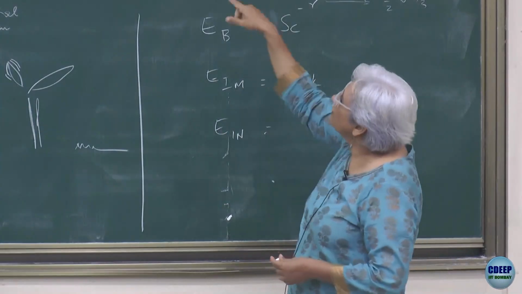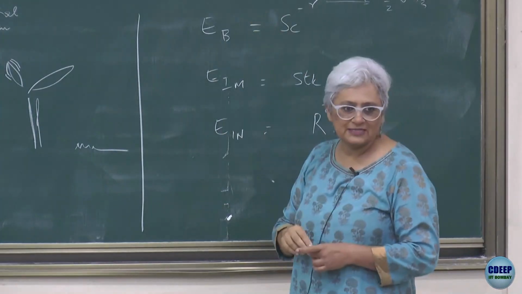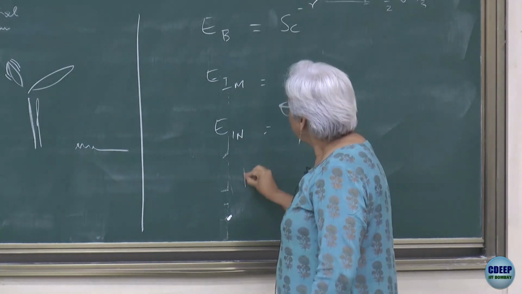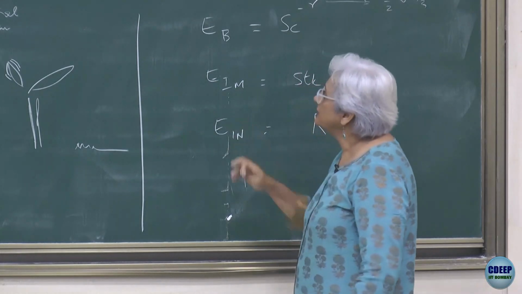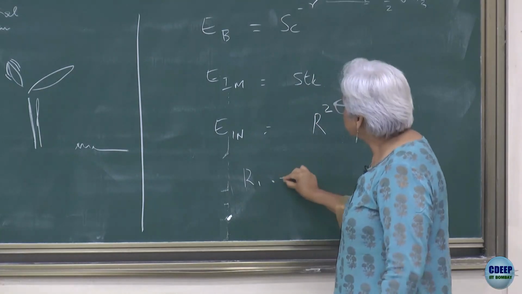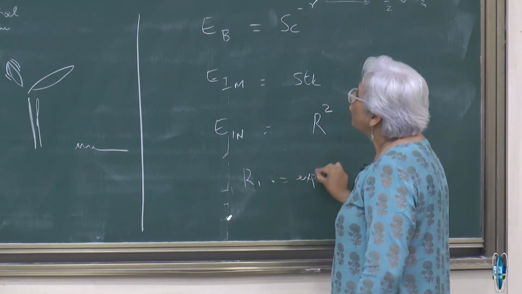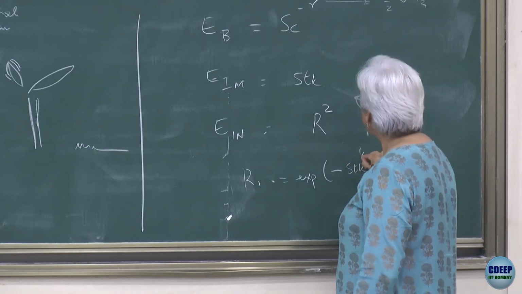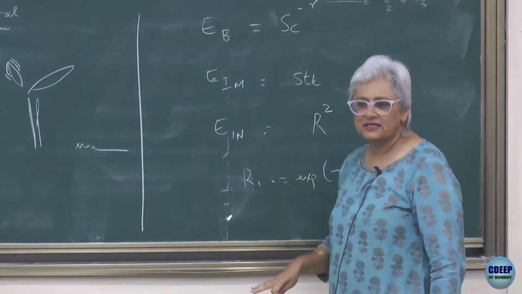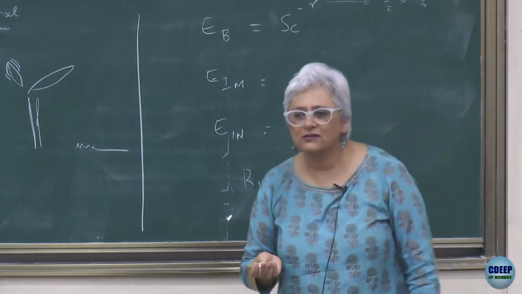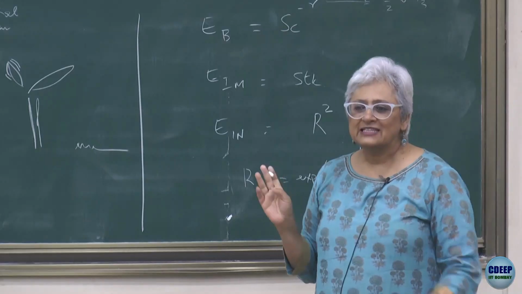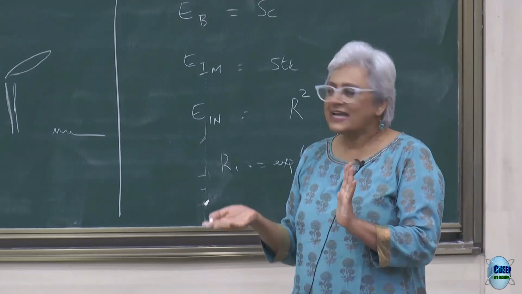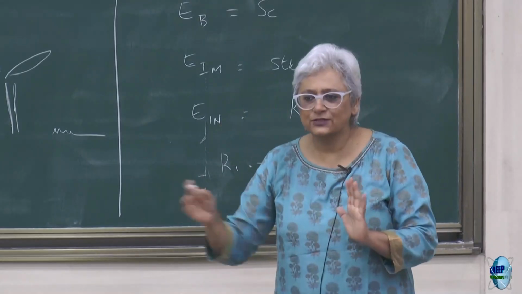So all of these get incorporated there, and then we have another term which says R1 is equal to exponential of minus Stokes number to the half, or it's a 1 by exponential of Stokes number to the half, which is basically saying that if Stokes number is getting very close to 0, then this thing is tending to 1.